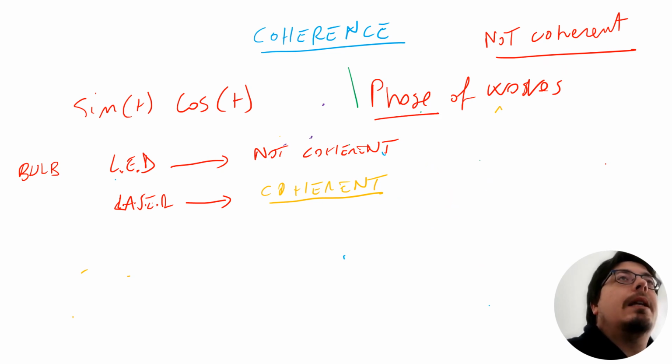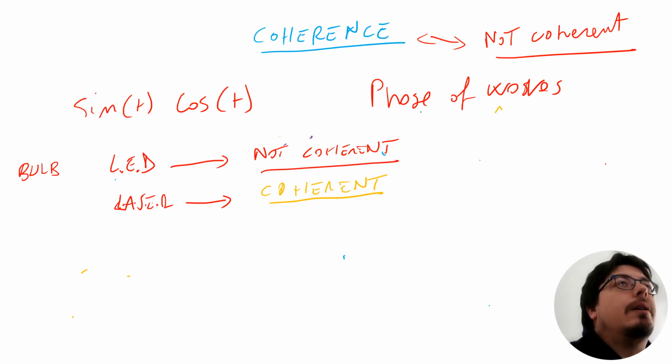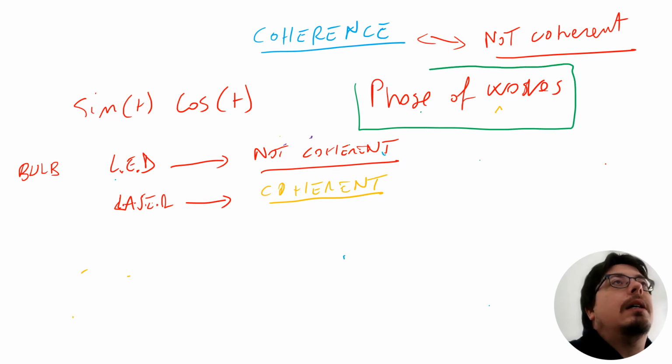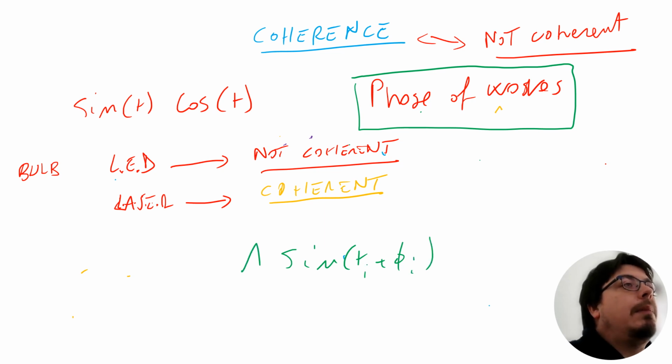And my understanding is that the coherence and non-coherence of the waves is the crucial essential point, and the coherence and non-coherence is due to the phase of all of these sinusoids that are emitted by your source at any time.